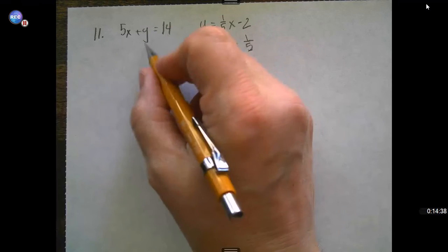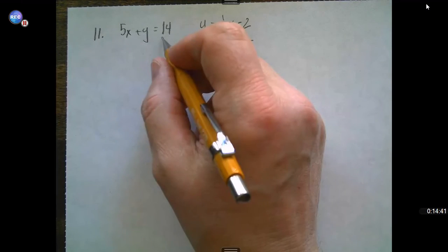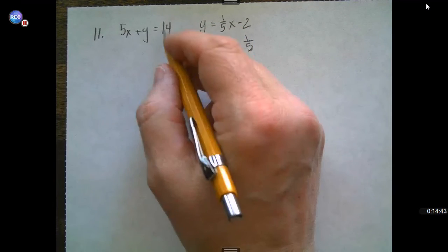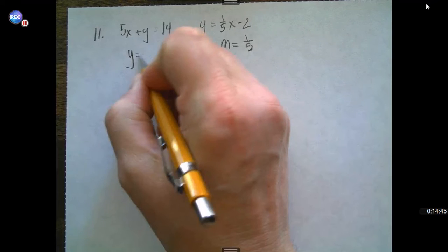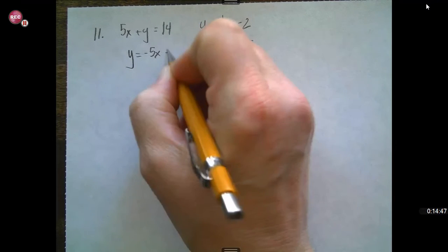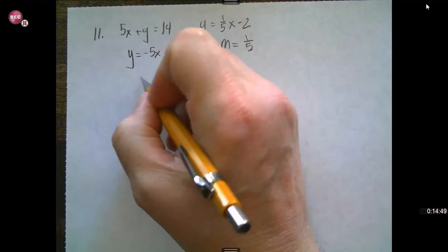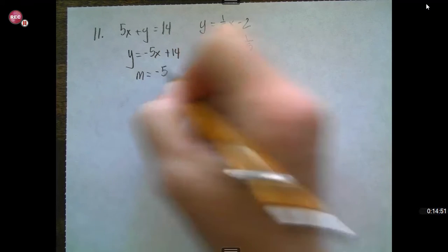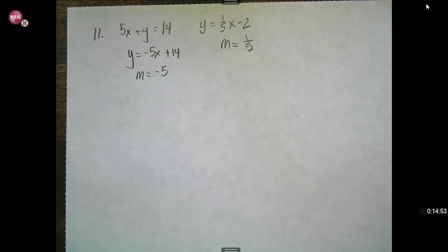But over here, we're in standard form. So I need to get the 5x to the other side. So y equals -5x plus 14. And the slope here is -5. So the question is, are those slopes the same? Obviously not. Are those slopes opposite reciprocals? I think so.